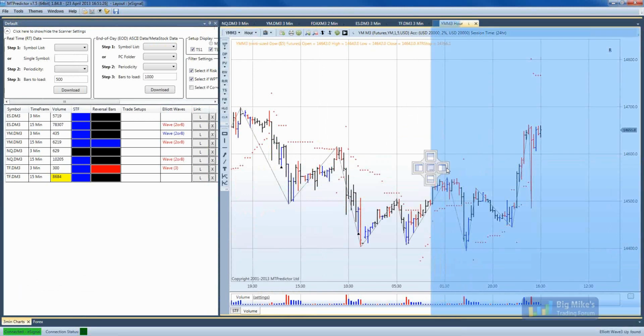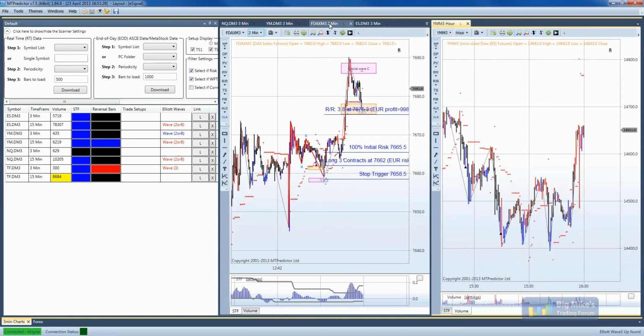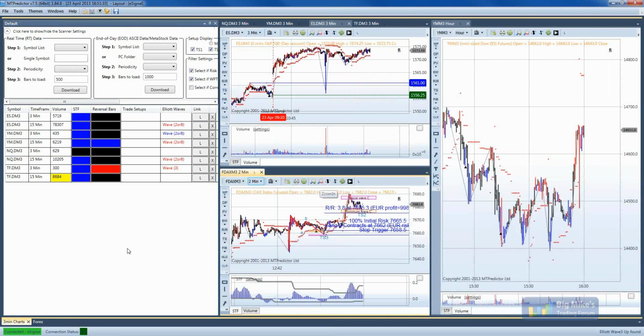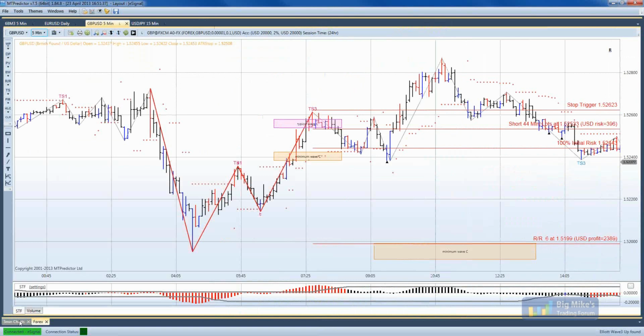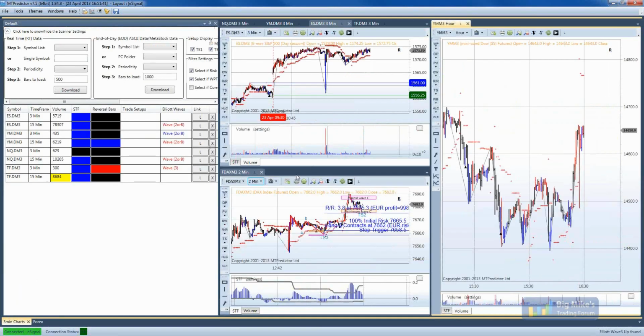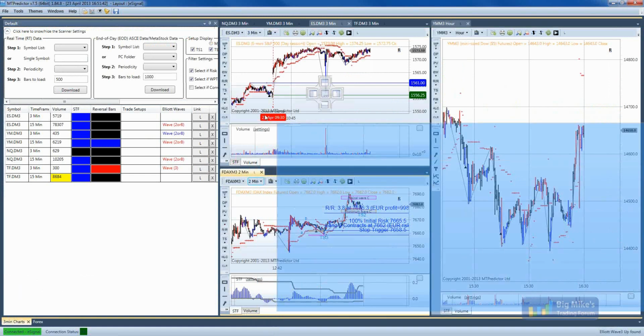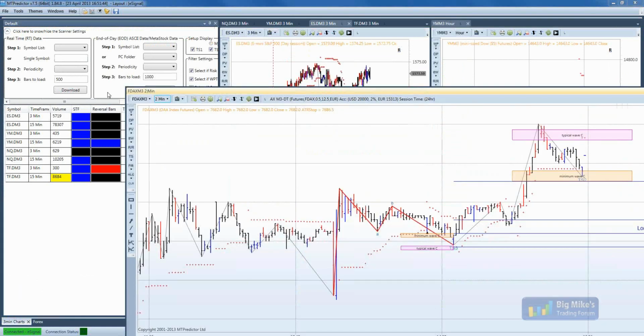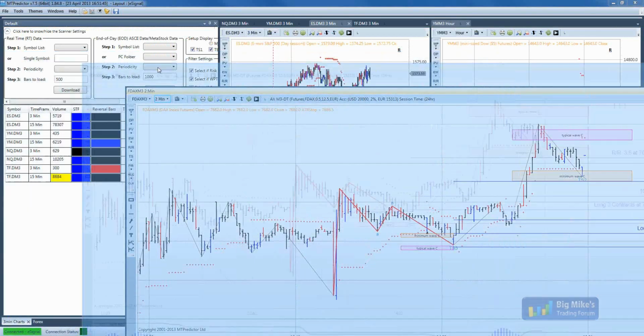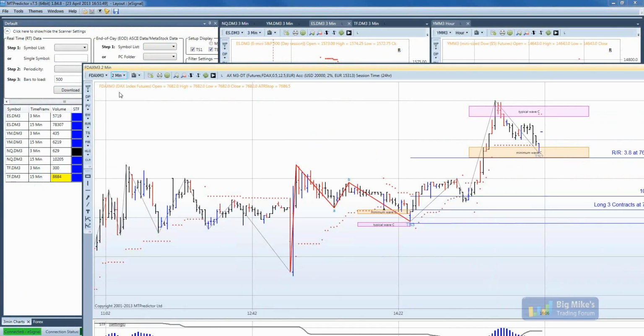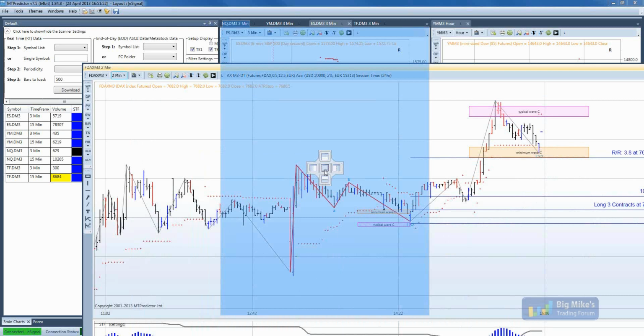You can bring your charts around as you wish and stack them and organize them however you want. We have workspaces down the bottom that you can organize your charts in as well, so you can have different workspaces. Once you've got your charts here, you can grab them, you can float them like this. You can float them off into a different window if you wish. You can basically grab and drag them however you wish.